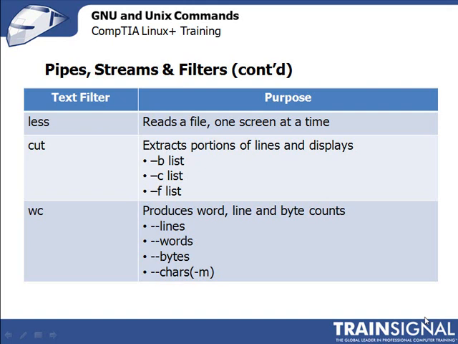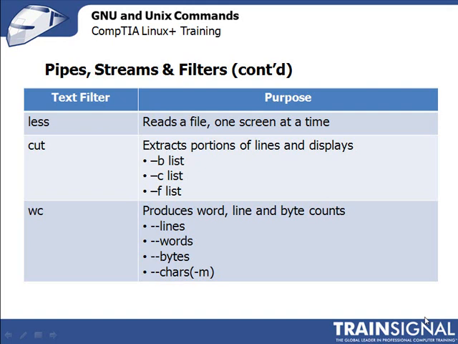Its options are --lines, --words, --bytes, and --chars. Head and tail will be extremely useful as you get into perusing your log files. These files get really long, and so these filters will help tailor that output.